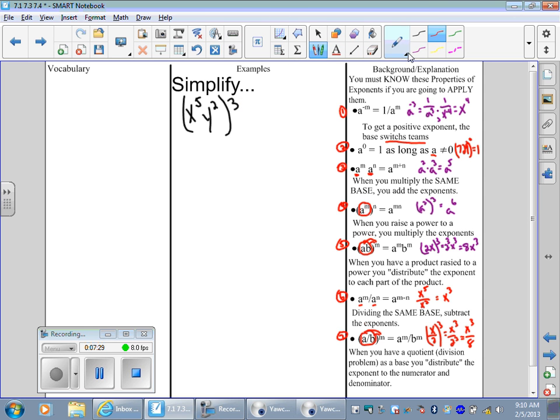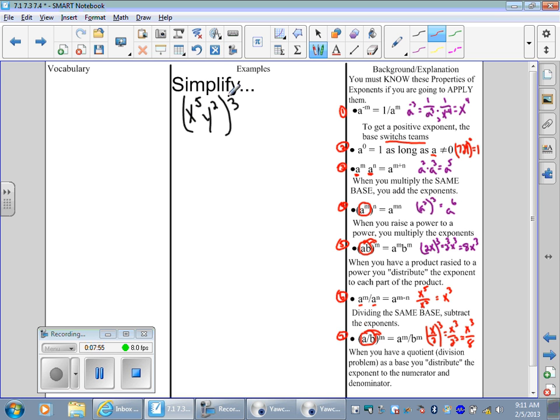That's the first thing I look at, is I have to know these 7 properties, and then I can tell myself, well, this is a multiplication problem in here being raised to a power. So that's a product to a power. That's actually this one right here. But it's kind of also this one, because we actually have exponents on these different parts here. So let's look at what we have to do.